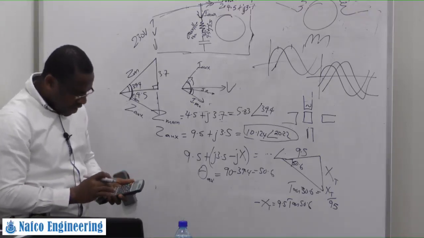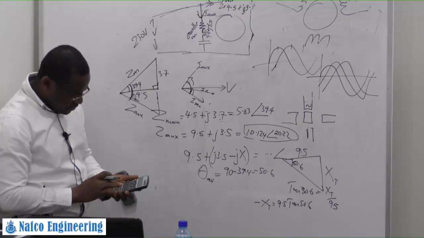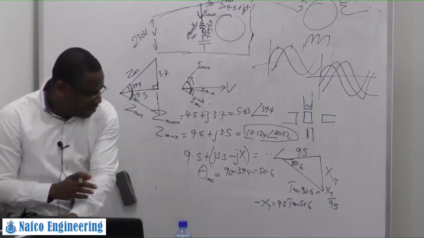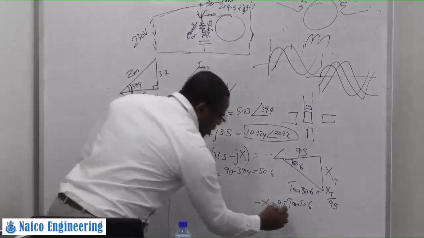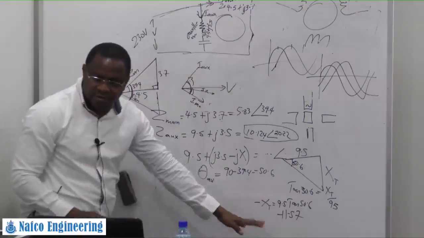So we have 11.56, right? Or 57. So let's say 11.57. This is capacitive.